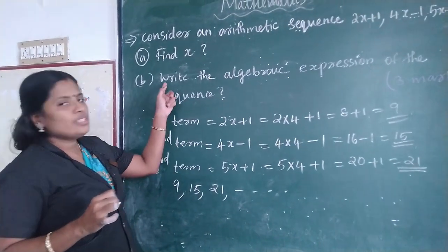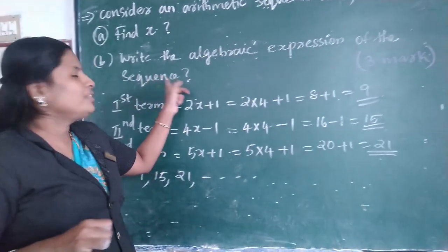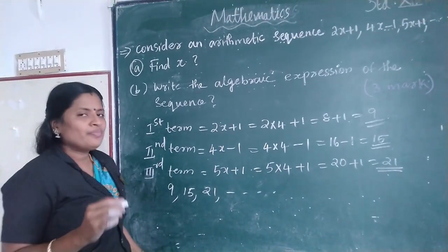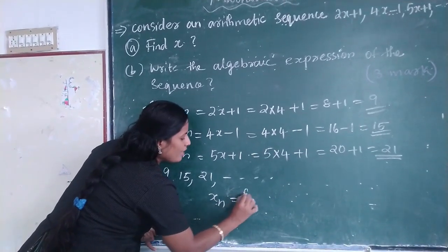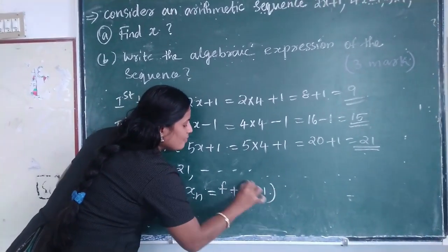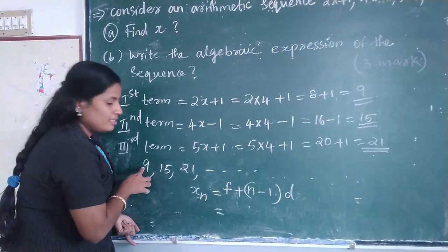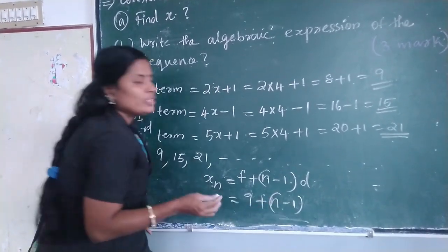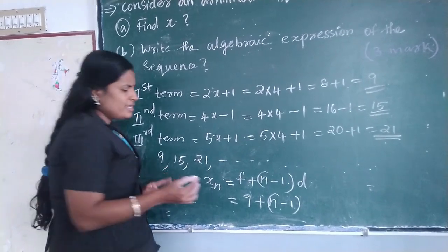Okay. Next, what is the next sub question? Write the algebraic expression of the sequence. How can we find out algebraic expression? That means nth term. Okay, xn equal to f plus n minus 1 into d. So f, the first term is 9. 9 plus n minus 1 into d. Here what is the common difference? Common difference is 6.